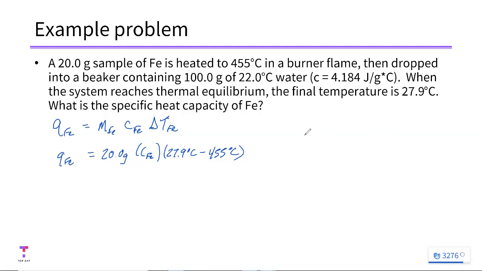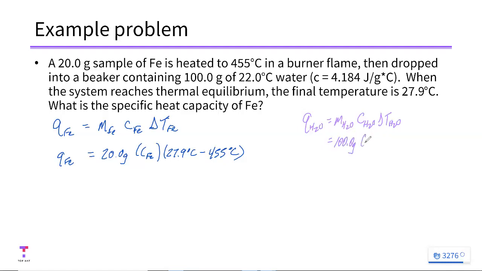Similarly speaking, we can look at the water. The water would also be calculated in the same kind of way. The mass of the water, the specific heat of the water, the change in the water's temperature. And in this case, we do know all of those values. Mass of the water was 100 grams.